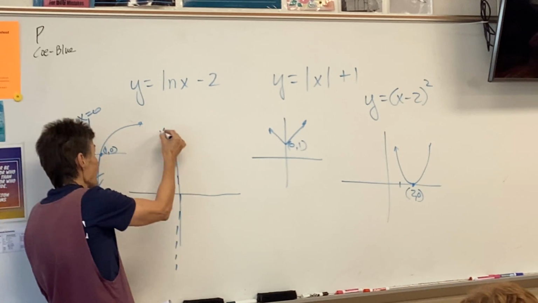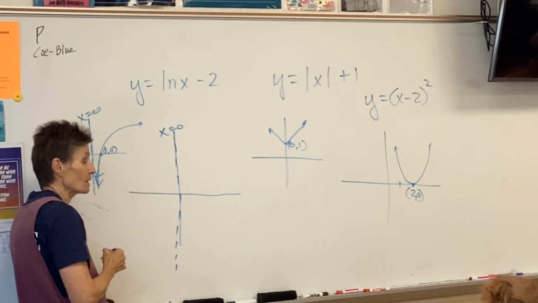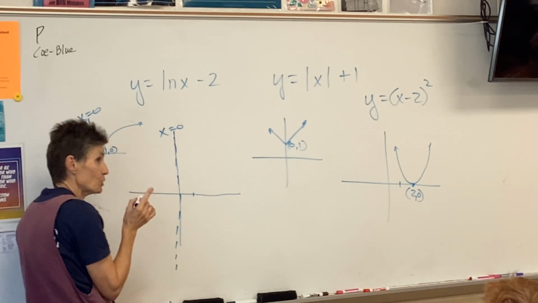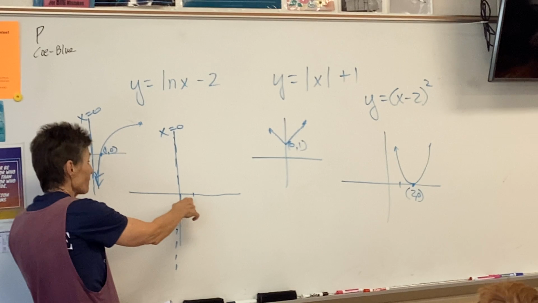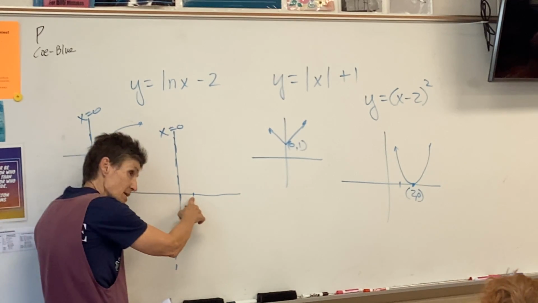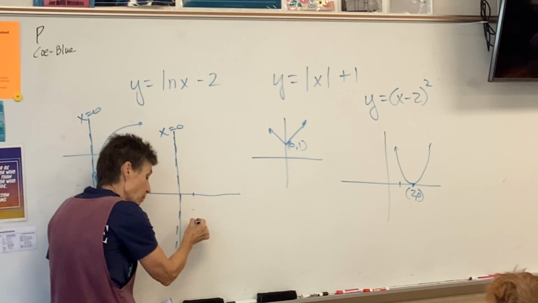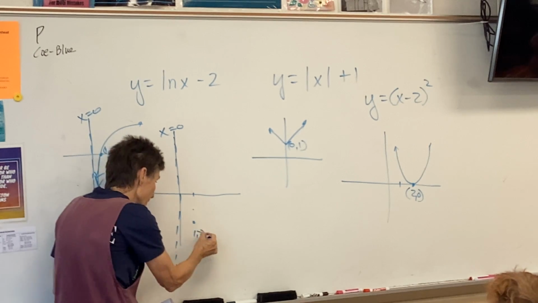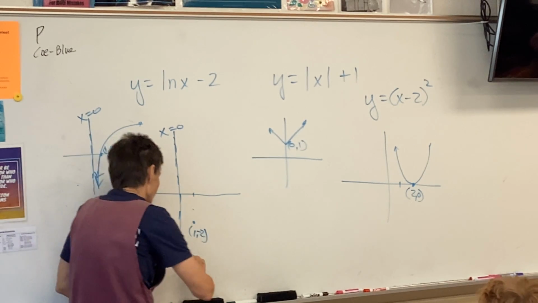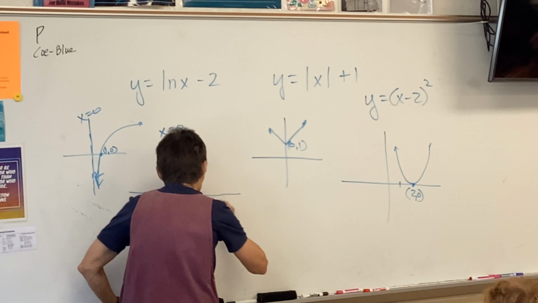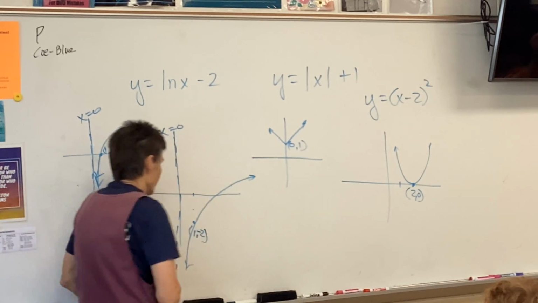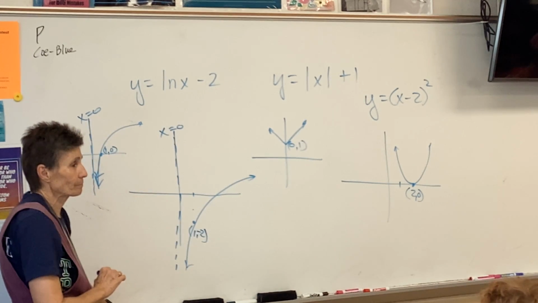No, so the asymptote's staying the same. But going down 2 means I won't have the point 1, 0. I'll have the point 1, negative 2. And there we go.